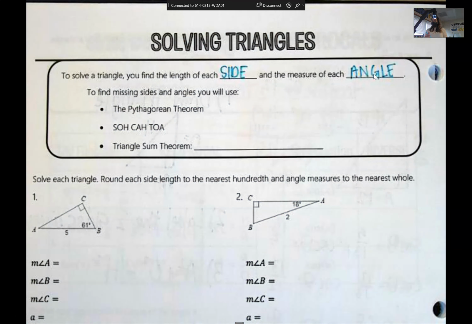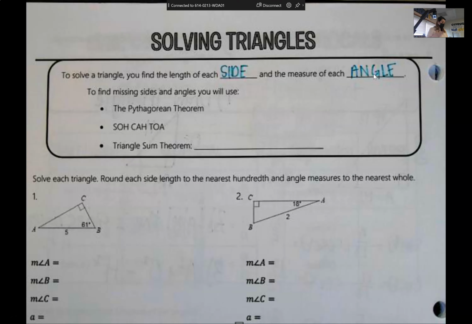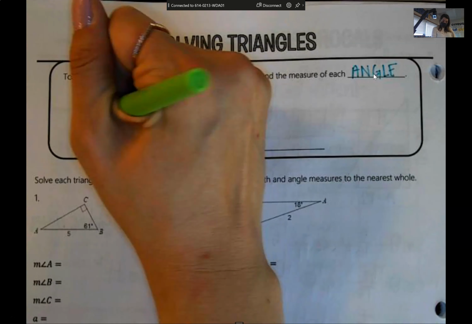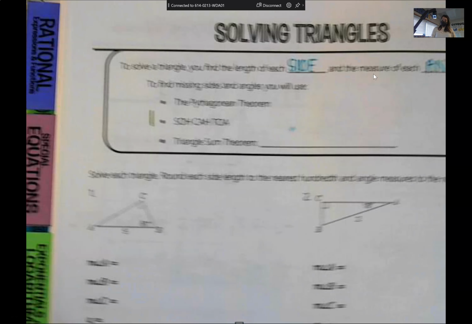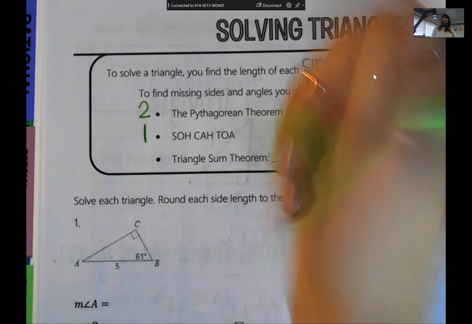Now for all of these triangles, you're going to go in the following order. You'll go in this order every single time. The first thing that you do is SOHCAHTOA. The second thing that you'll use is the Pythagorean theorem.